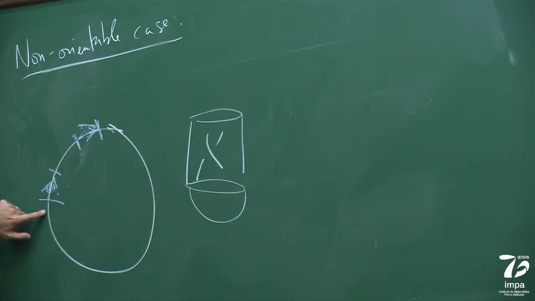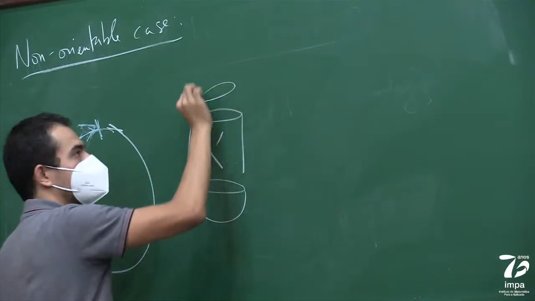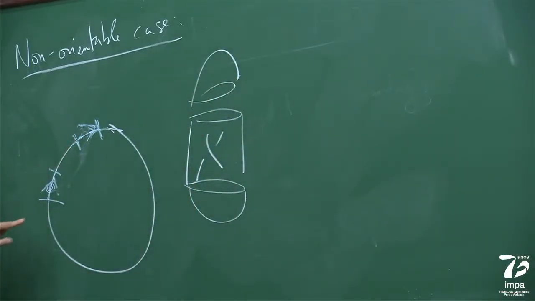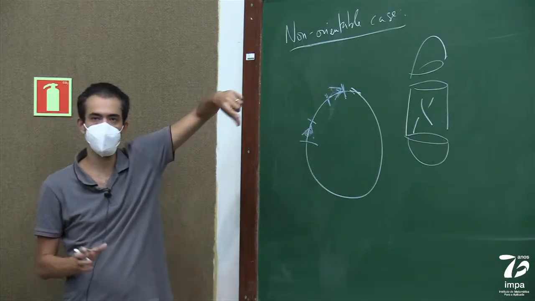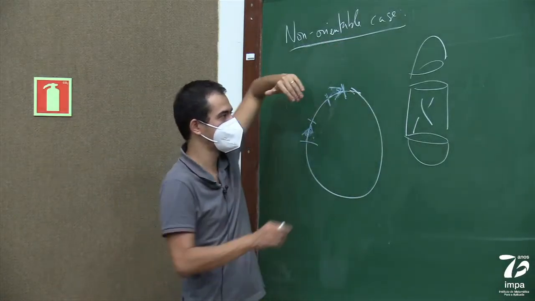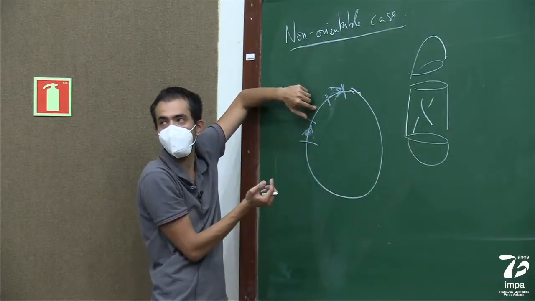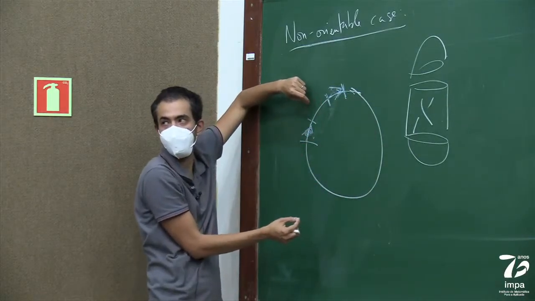And then what happens is if you attach a 2 handle now to close this up, that's the same thing as actually shrinking this circle to nothing. Basically putting a disk on this thing is the same as kind of shrinking this path to nothing.